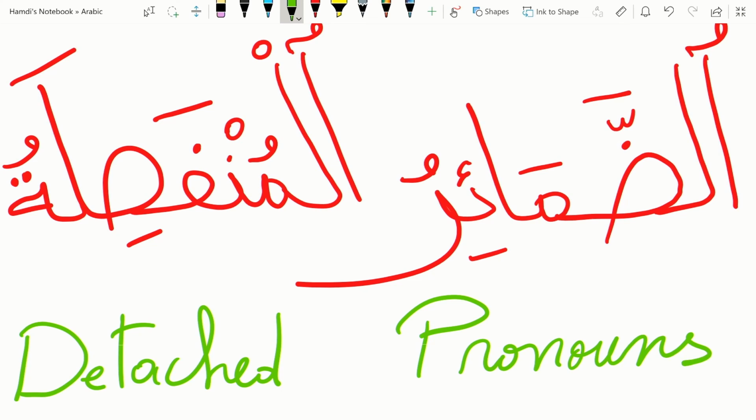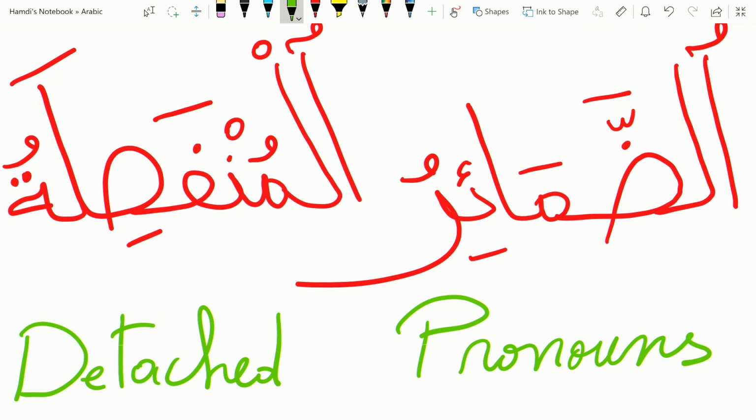We'll see that ضمائر are attached or detached. There are two kinds of pronouns in Arabic. Detached from what? Detached from the word, whether that word is a noun or a verb or a preposition or a حرف.